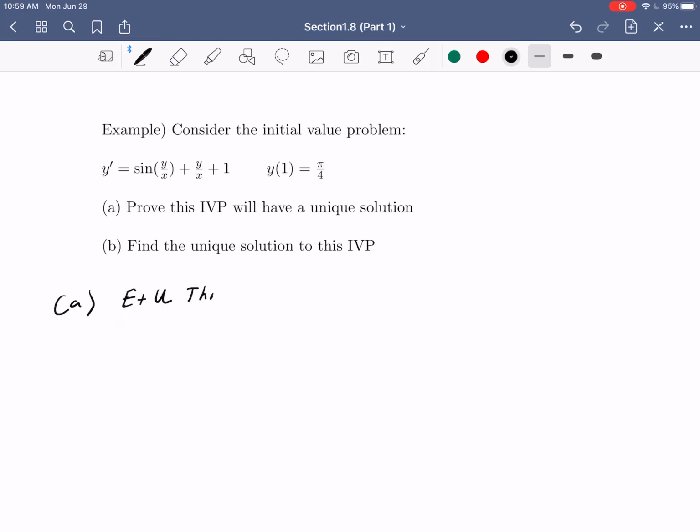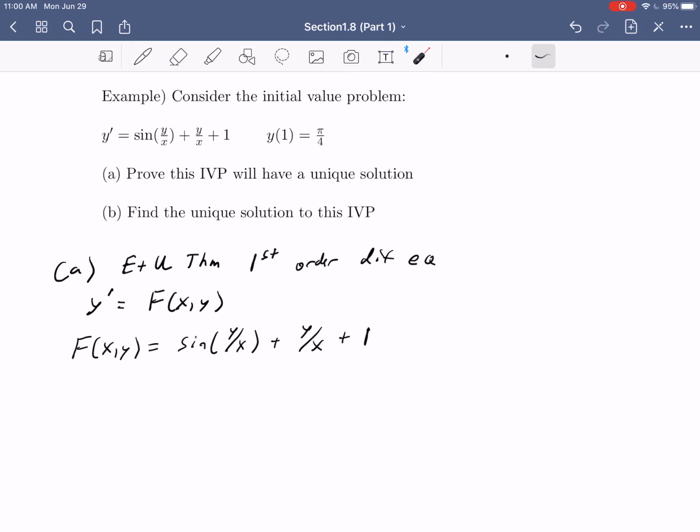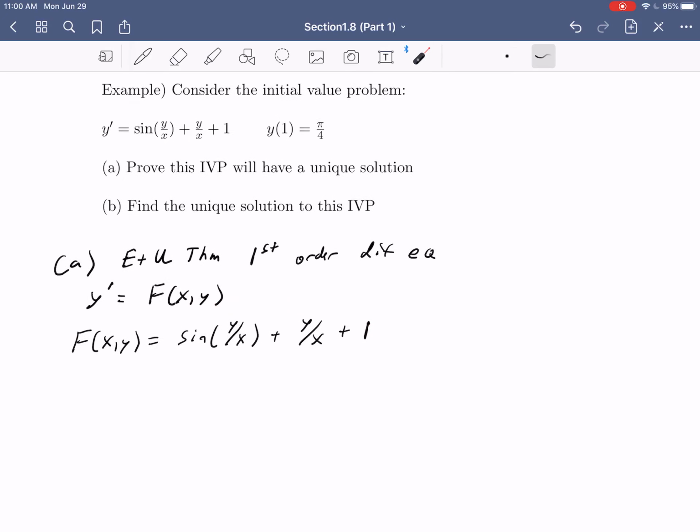So we're going to try our existence and uniqueness theorem for a first order differential equation. Notice it's already in the format that we want. We want y prime equals a function of x and y. So in this case, our f of x, y is all that stuff, sine of y over x plus y over x plus 1. Okay, so there's our function in terms of y over x.